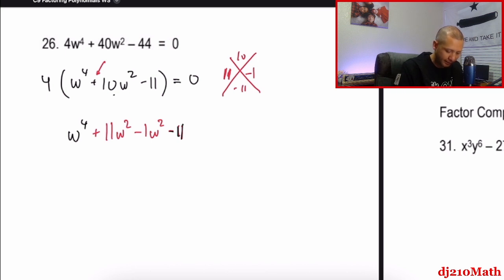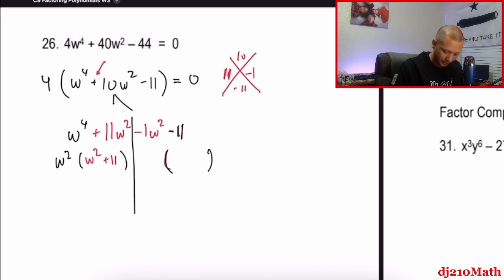Right, and this 10 got broken up in a very specific way. So then when we split this down the middle, on the left-hand side, we're factoring out a w squared only. And what's left behind? W squared plus 11.